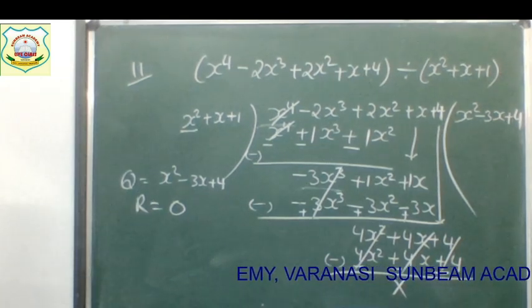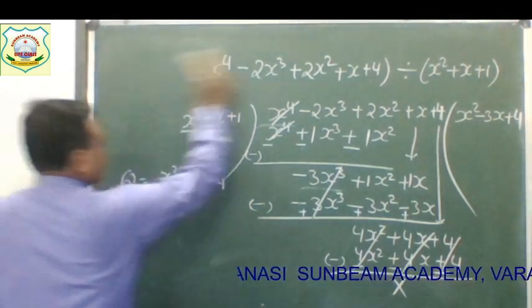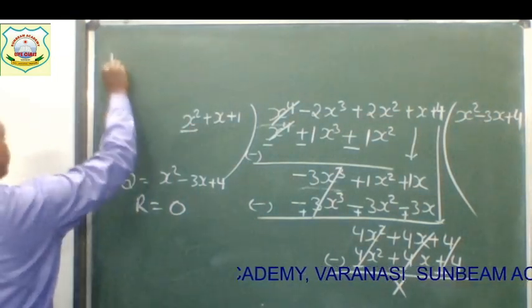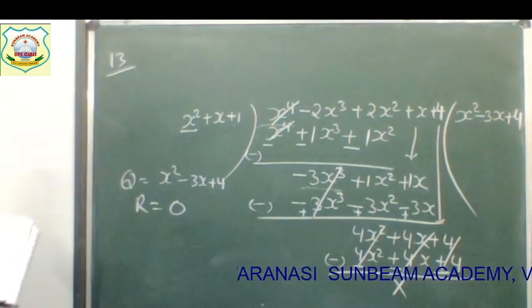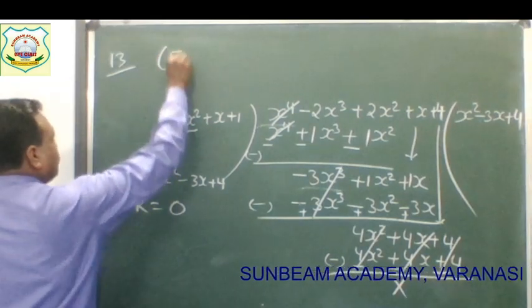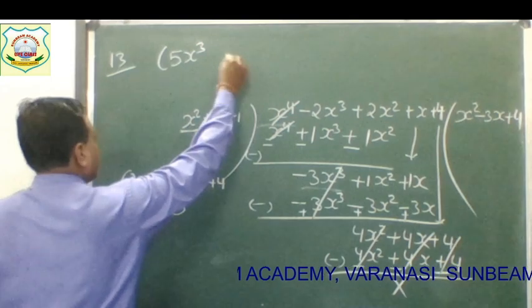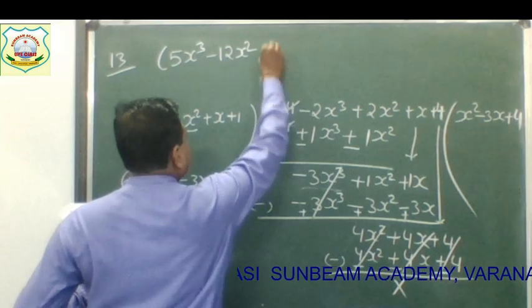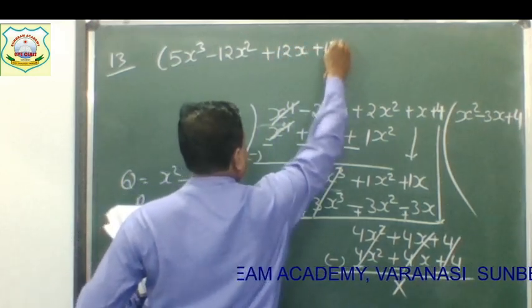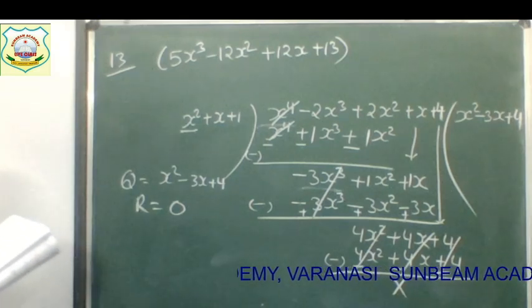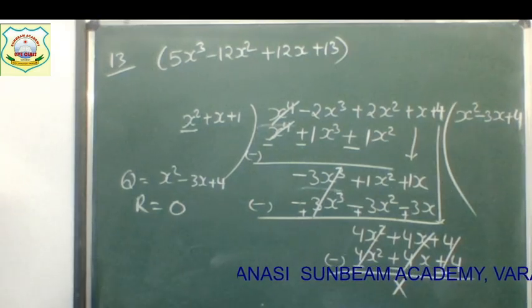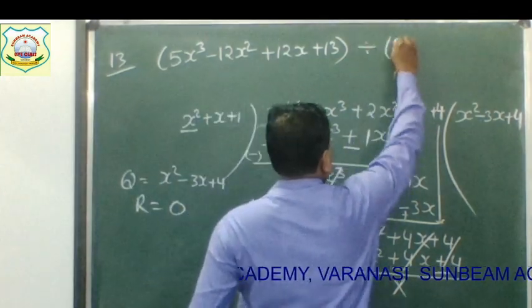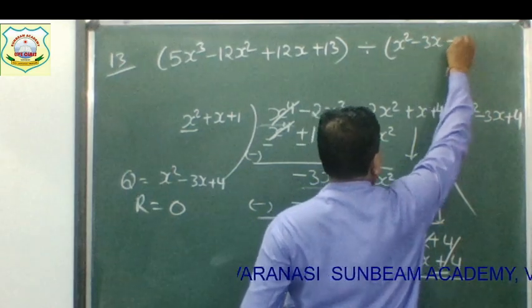Now telling question number 13, students. Question number 13 is given: 5x cube minus 12x square plus 12x plus 13 divided by x square minus 3x plus 4.